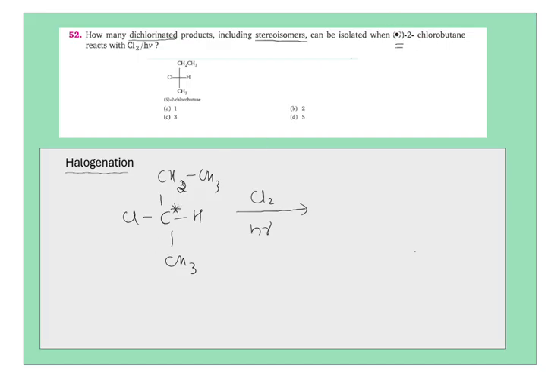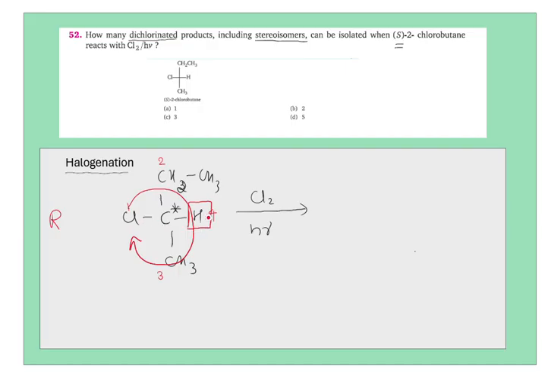And why is it S configured? When you give priority to the groups or atoms, the first priority goes to this based on the atomic mass, second to this, third to this and fourth to this. And look at these groups 1, 2, 3. How is it going? It is going in a clockwise direction. Whenever it is clockwise, we call it R. Before that, check the 4th priority group. Where is the 4th priority group?